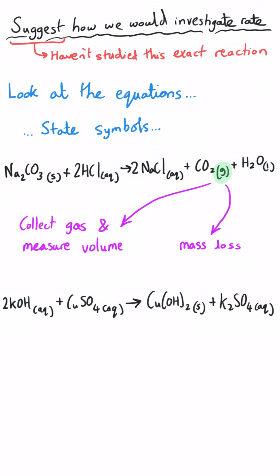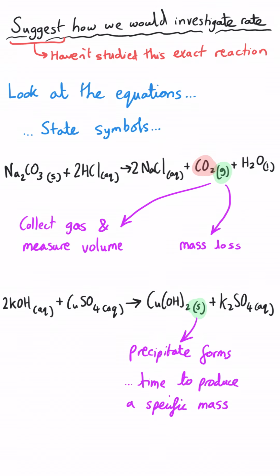So measuring the mass change in this chemical reaction, particularly if we've got carbon dioxide, which is quite a heavy gas, or collecting that gas, measuring its volume at regular intervals. Alternatively, we're looking for the existence of a solid in the product, so that would be a precipitate that would form during this reaction, so we'd be looking at the rate of formation of that precipitate. All of this depends on our use of the state symbols.